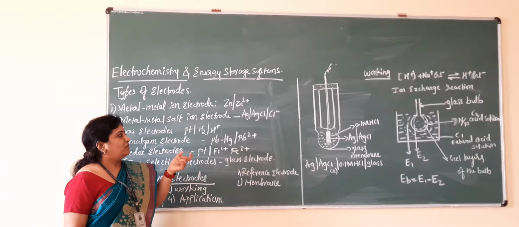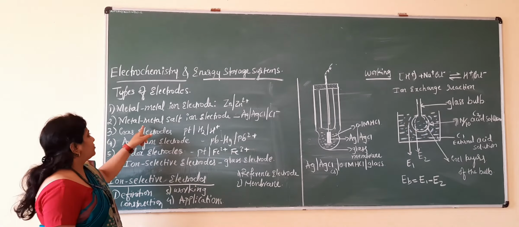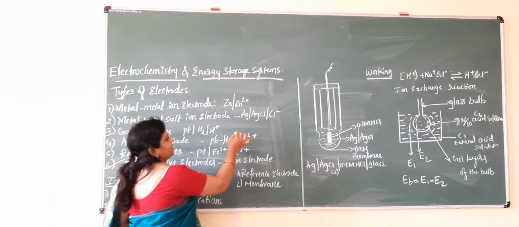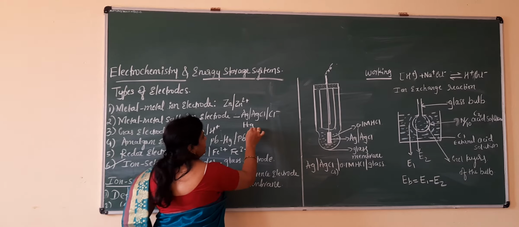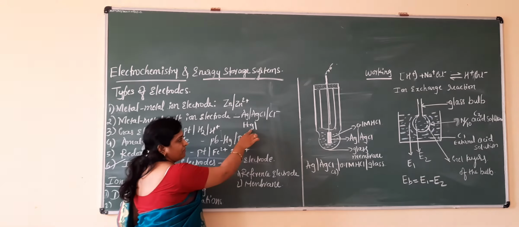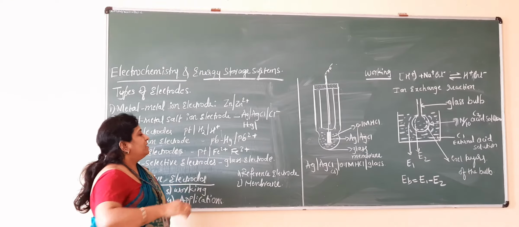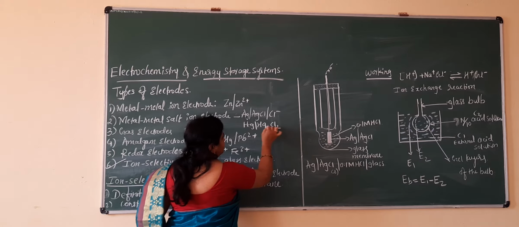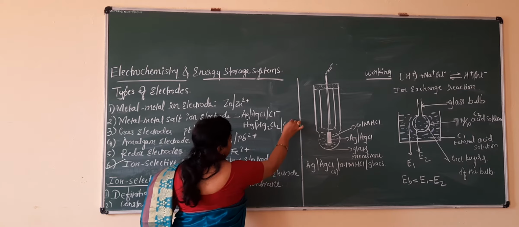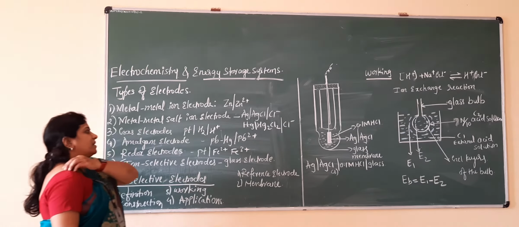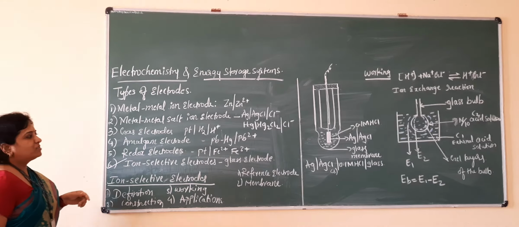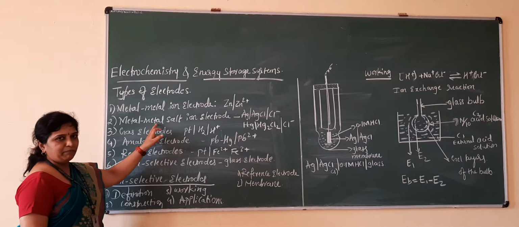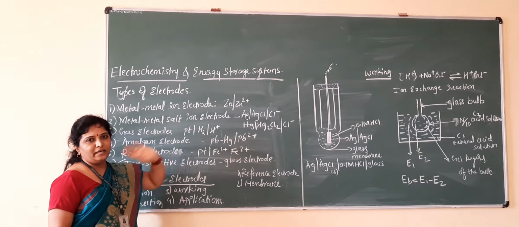We know it is an example of the metal salt ion electrode. One more example can be given: mercurous chloride, again in contact with Cl minus ions. So these two examples, silver chloride and calomel, can be given for the metal salt ion electrode.